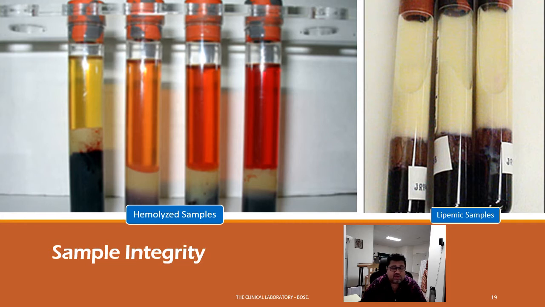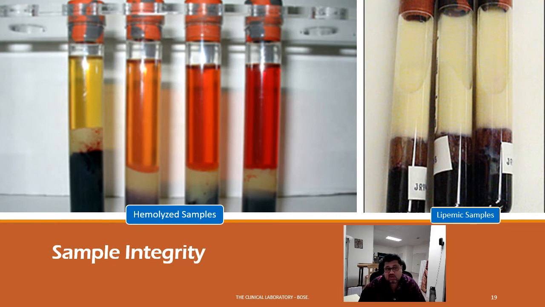One of the reasons why a sample may be tainted or abnormal and integrity is lost is seen in blood samples. So hemolysis is the breakdown of blood products. Most vascular cell damage occurs during the actual process of phlebotomy, the actual introduction of the needle into the vein.